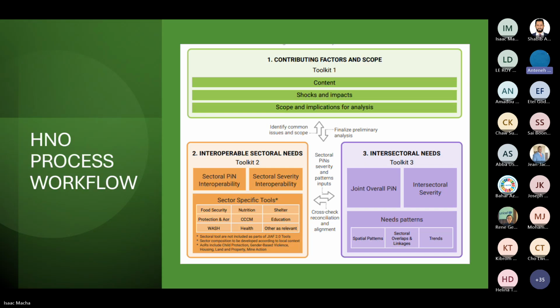So the HNO process, just to give you an overview of the workflow, this is the GF workflow for the HNO process. It starts with identifying the contributing factors and defining the scope of analysis. This primarily does identification of the shocks, their impact, and affected population groups, and identifying administrative areas.